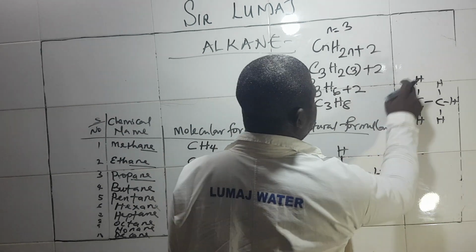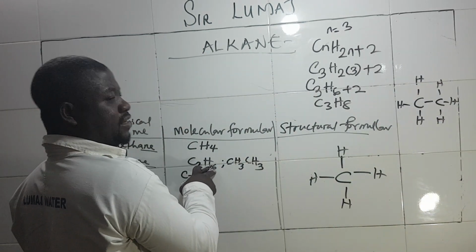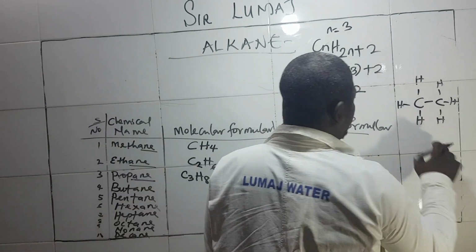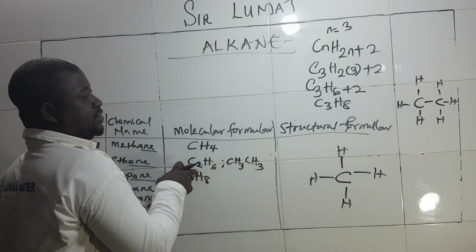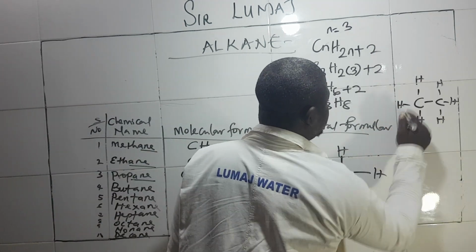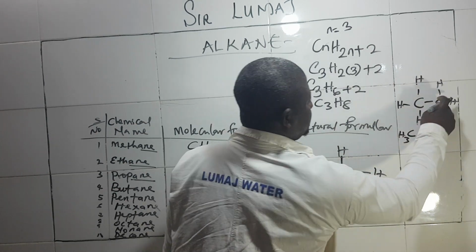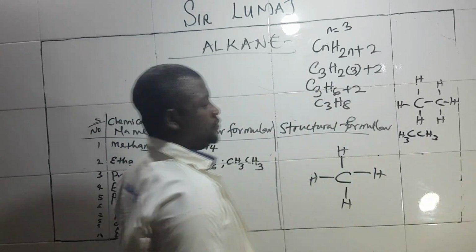If you count 1, 2, 3, 4, 5, 6, what do you have there? 6 hydrogen. And if you want to collapse it to the molecular formula, don't forget the way I explained it. That will be C 1, 2, H3, C 1, 2, H3.